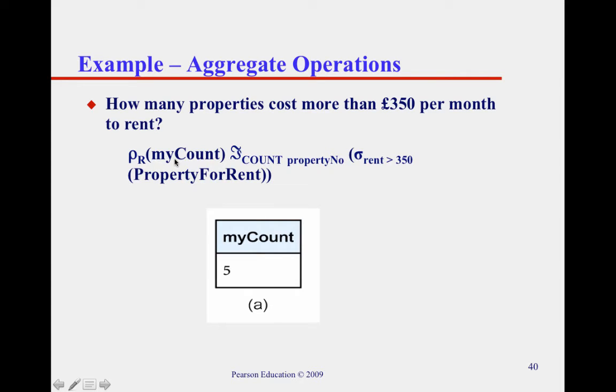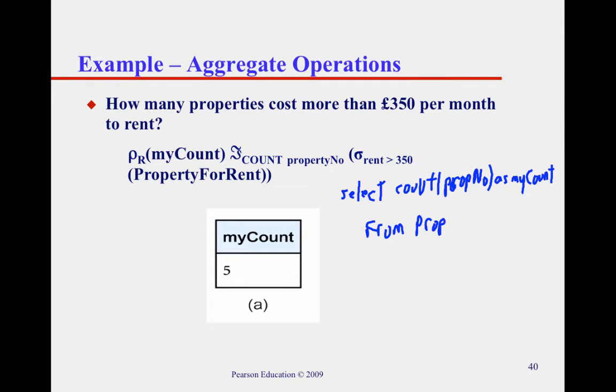So it's the same as saying select count property number, which I'll abbreviate, as my count from property for rent, where rent greater than $350.